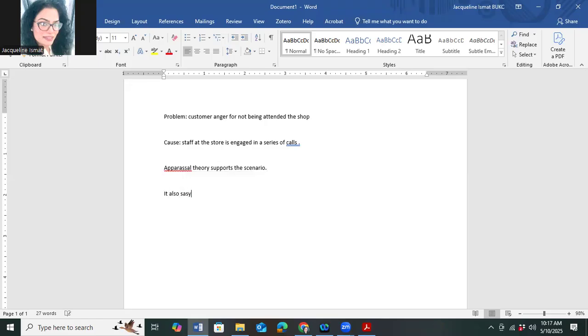Also says that use of cognition makes the anger go away.